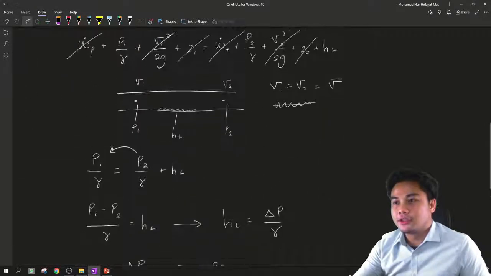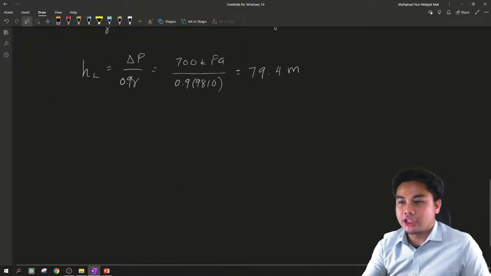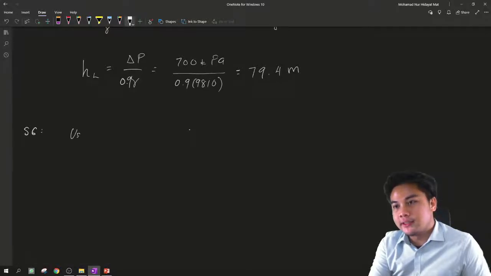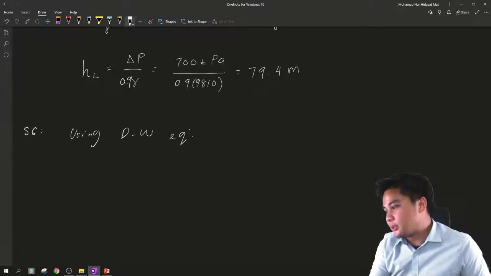Alright, so using the Darcy-Weisbach equation, this is step number 6, to get the velocity. I write it down: 2G D HL over FL, the power of 1 over 2.